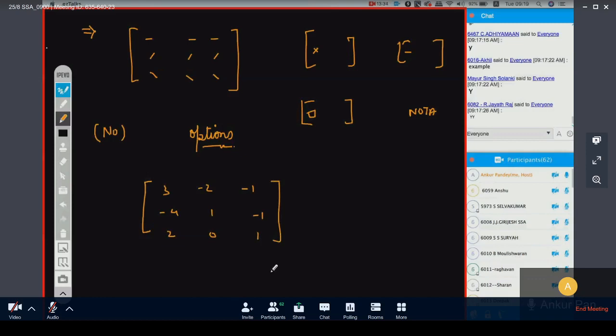Now, see, there are many different values, but 7 is A21, different.